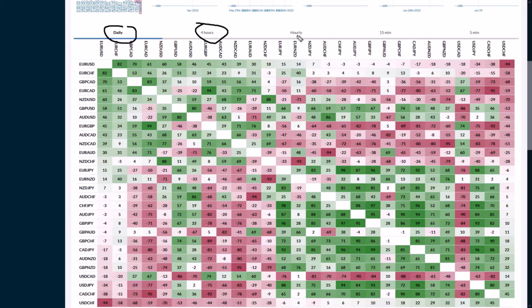This is where you can change the time frame, because as I was saying, correlation changes over time, but it doesn't change too much, especially if you are using higher time frames like the daily time frame. Alright, so that's about the correlation and about the risks that the correlating trades bring.